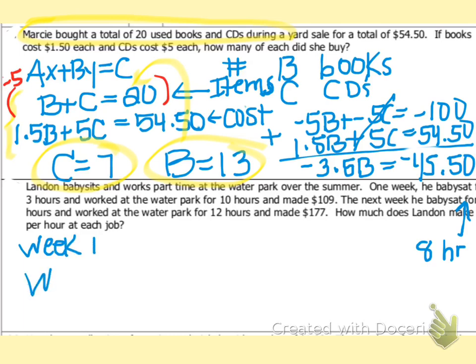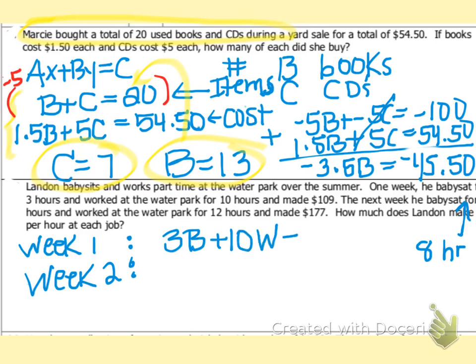And then we're just going to write 2 facts using this data. So week 1 it says he worked 3 hours at babysitting, so 3B, and 10 hours at the water park, so 10W, and made $109. So there's a standard form equation.